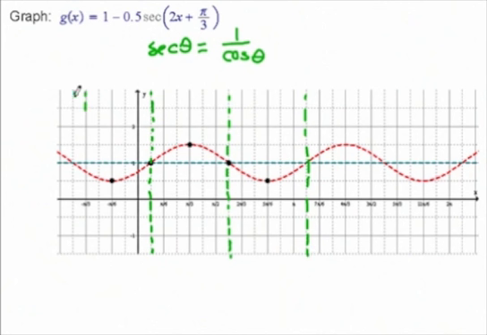Ooh, missed it. Here. Alright, so what's going to happen is these are vertical asymptotes, and since it's a reciprocal, the smallest value is going to be -1, and 1 over -1 is -1, so we get that point. But as we move this way, the value gets smaller than that, and therefore the reciprocal of it is going to get bigger.